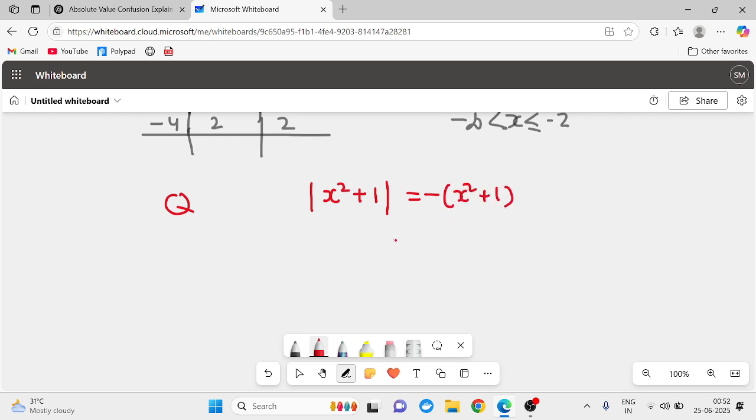So for which values of x is this true? Let's see. So by observation, I take x, and here x square plus 1 in mod, and here negative of x square plus 1.